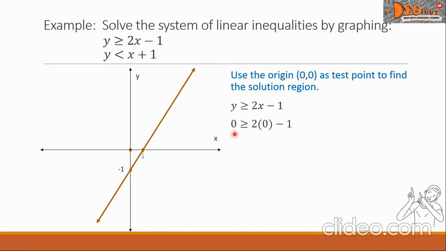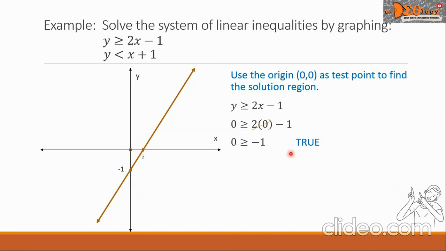So we have y becomes 0 is greater than or equal to 2 times x, and the x becomes 0 and minus 1. 2 times 0 is simply cancelled out. So we have 0 is greater than or equal to negative 1. And this is a true statement.